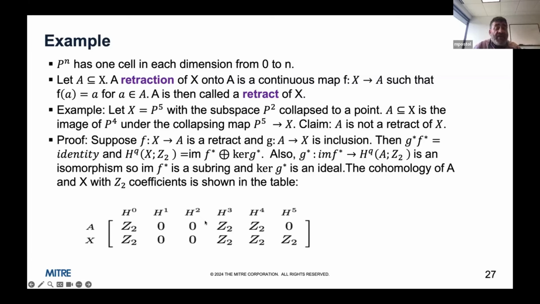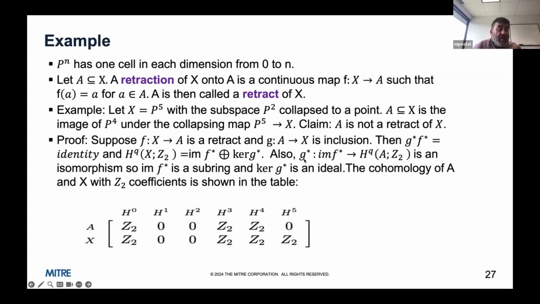So that's going to have lost its 1 and 2 cells also. So let's say F going from X to A was a retract, and G from A to X was inclusion. So G star F star is the identity. And HQ of X turns out to have to be of the form the image of F star plus the kernel of G star.